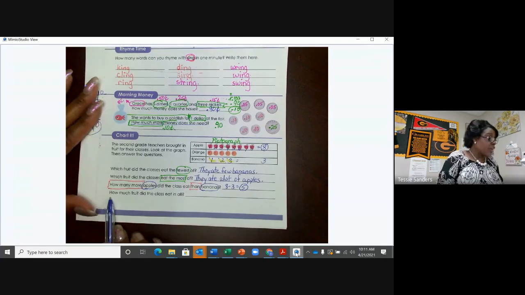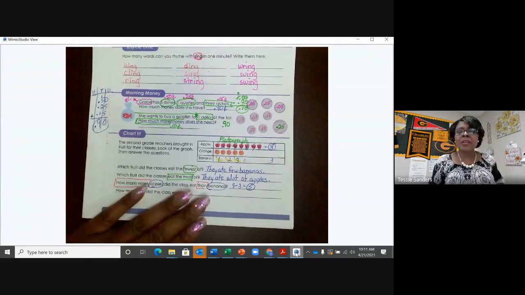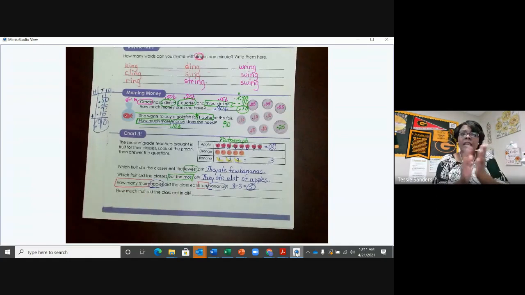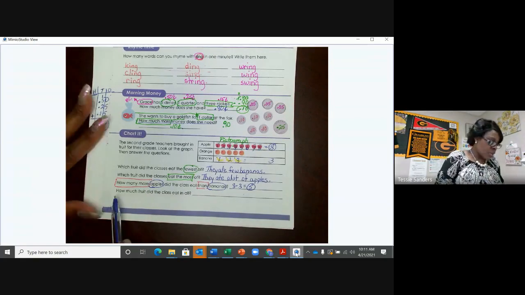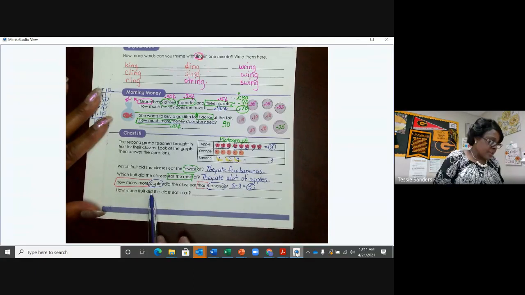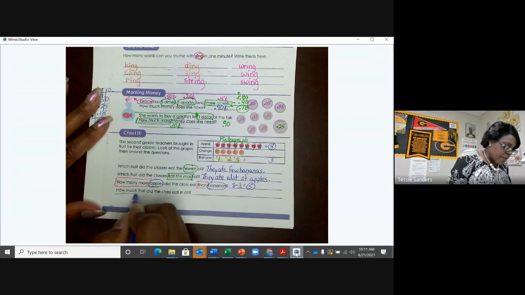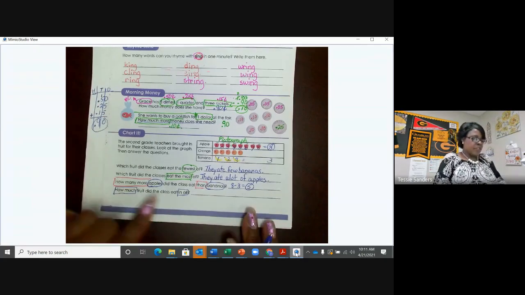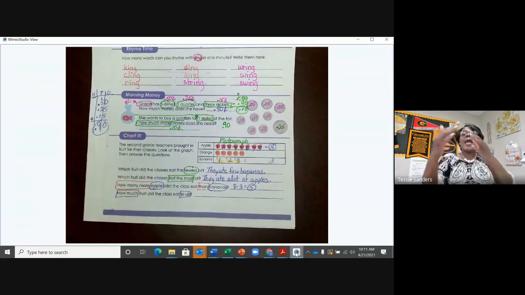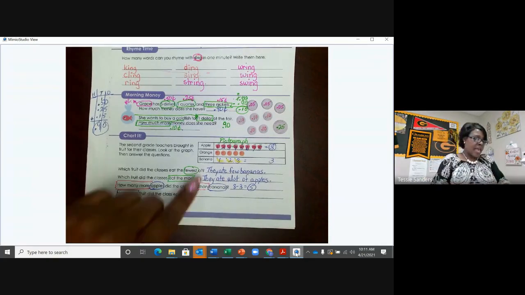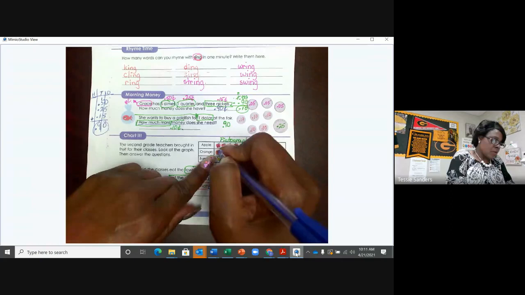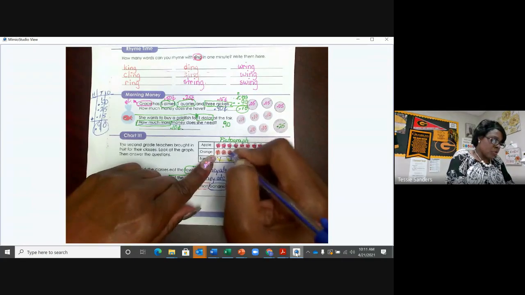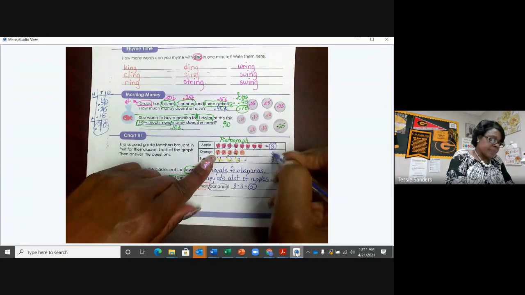Look at your last one as we conclude our lesson. Great work today. All level learners, great work today. Read, how much fruit did the class eat in all? How much in all? This tells you that you're going to add it all up. How many oranges did they eat? 1, 2, 3, 4.